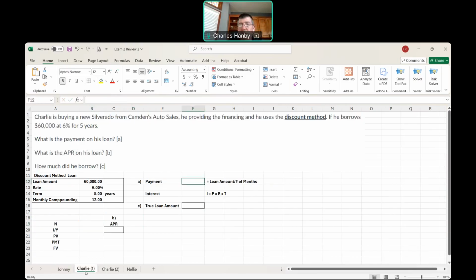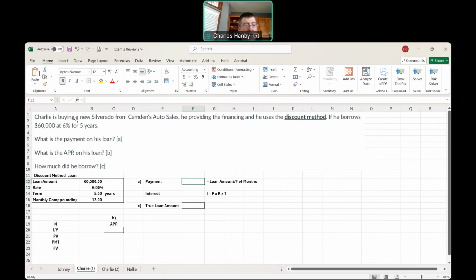Next, we have Charlie. We have a discount method loan. So with the discount method, interest is calculated the same way, except instead of adding the interest, you subtract the interest. So Charlie's buying a new Silverado from Camden's Auto Sales. You provide the financing, he uses a discount method.